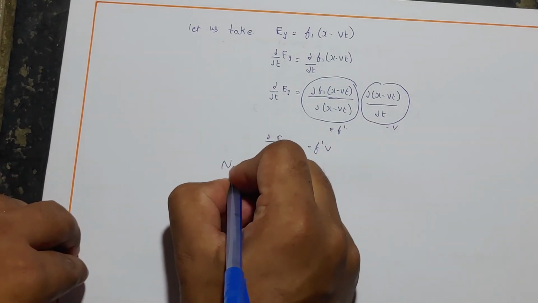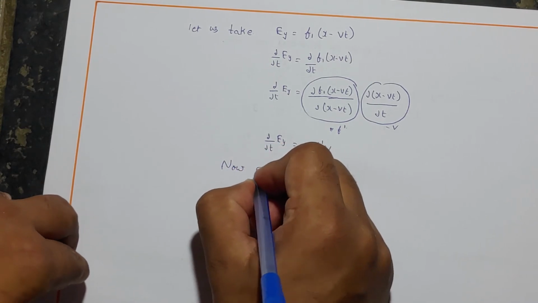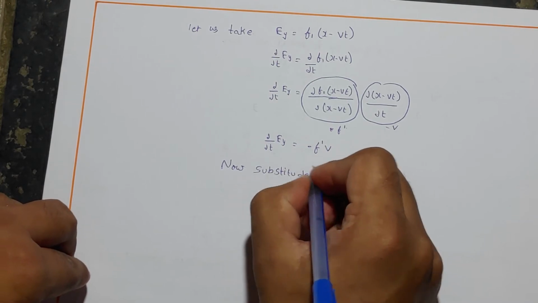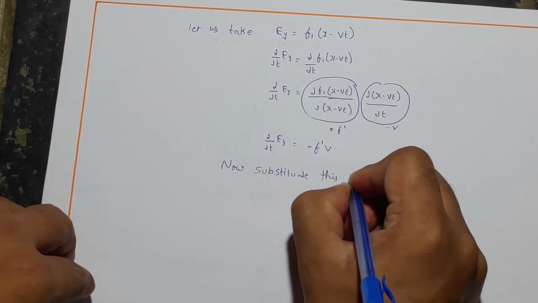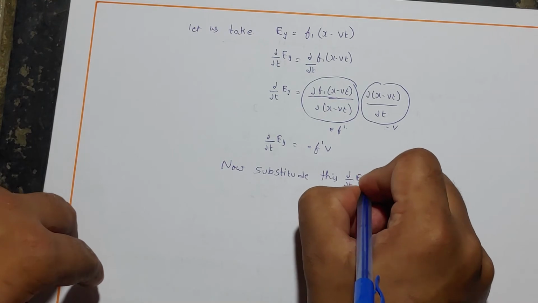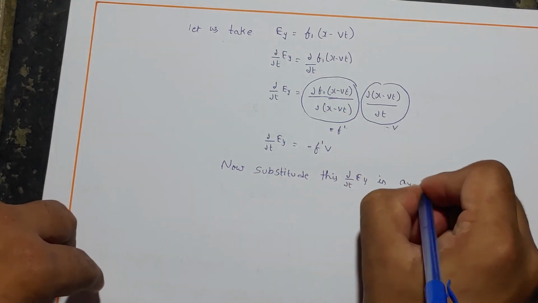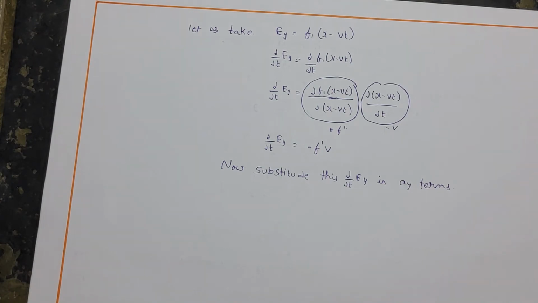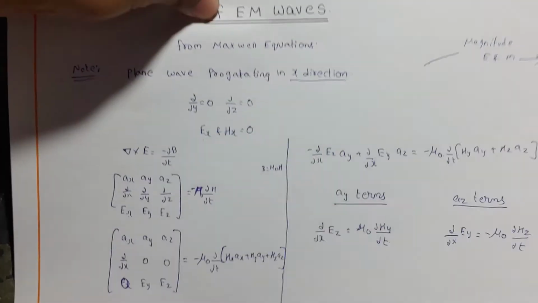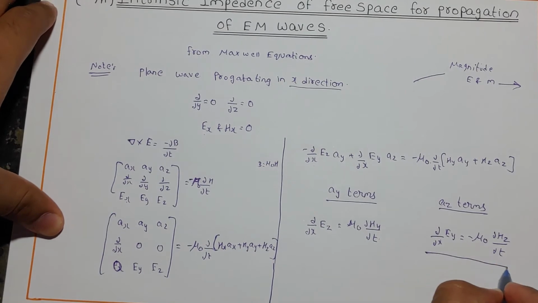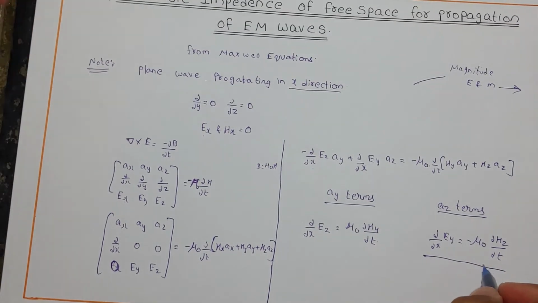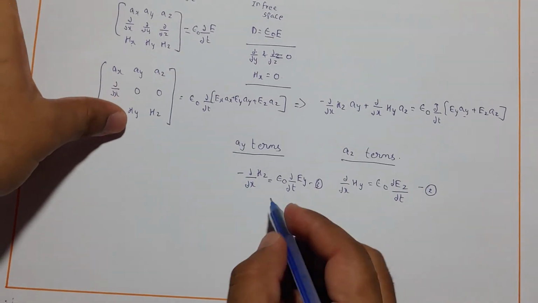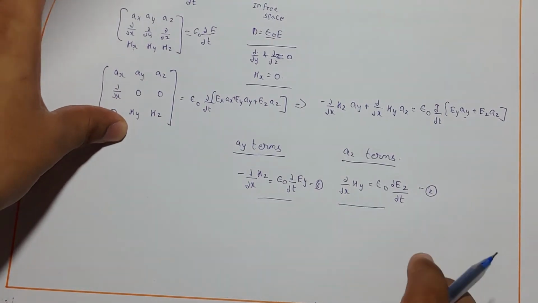Now let us substitute this dou Ey by dou t in the Ay term, as we have found out the Ay term in this equation. Let us apply them in these equations, any one of them.